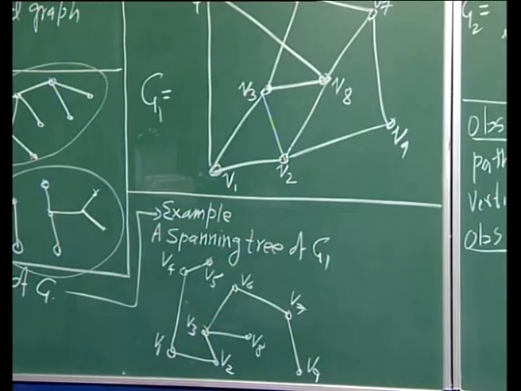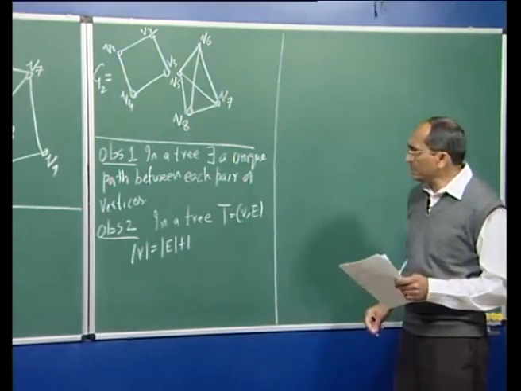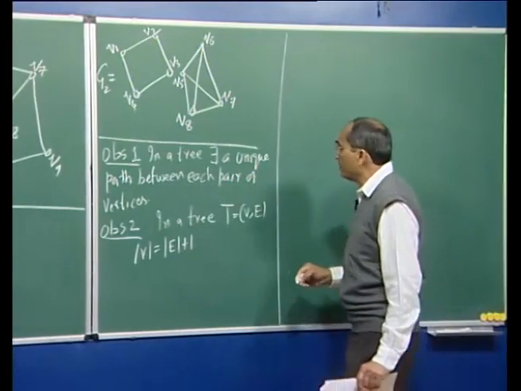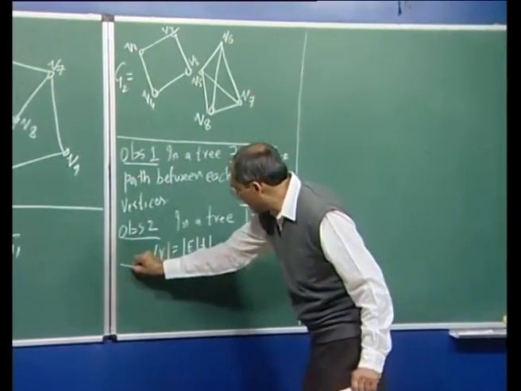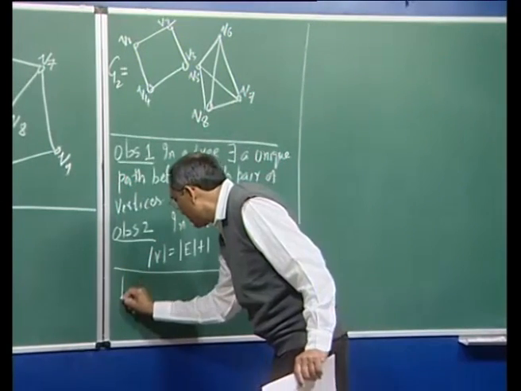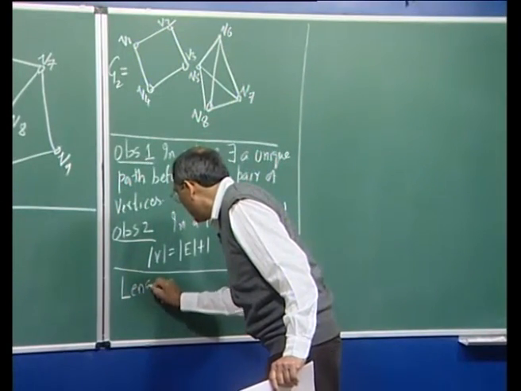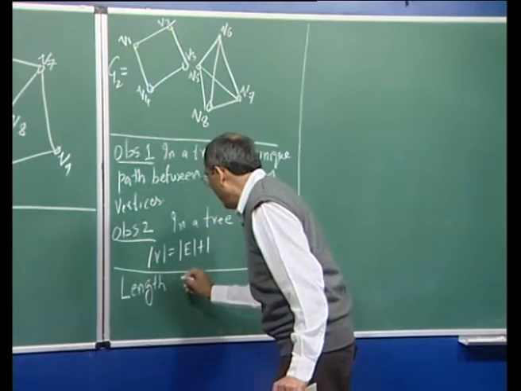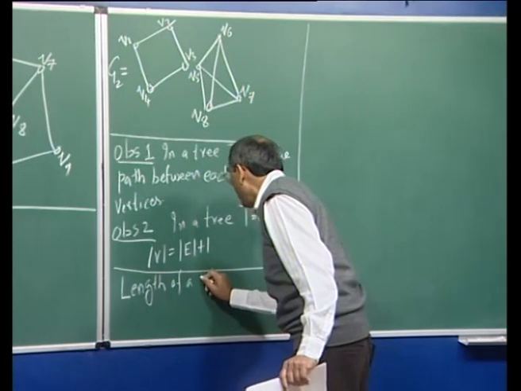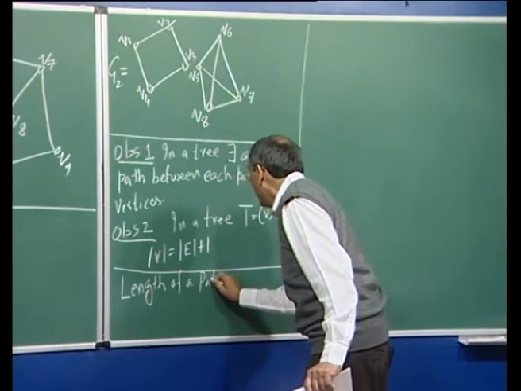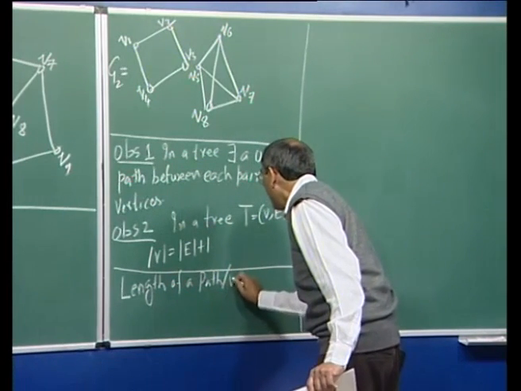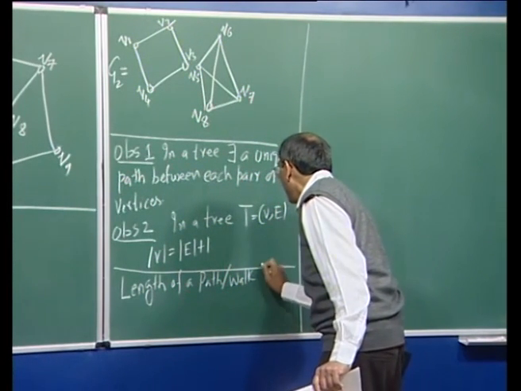Okay. Now again we define a few more notions. The one that we want to introduce next is called length. Length of a path or a walk or a cycle.